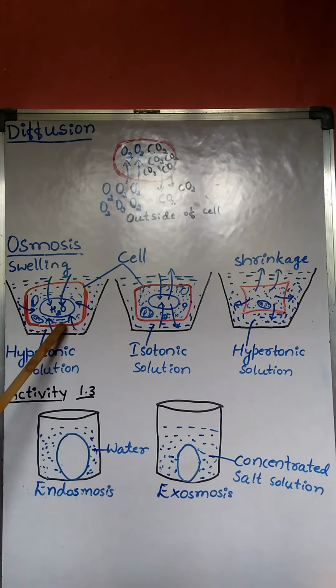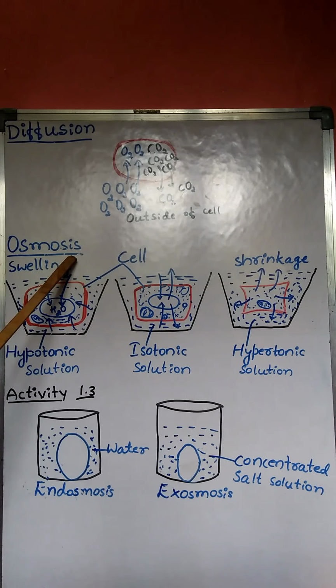A solution in which the number of water molecules is more than the solute molecules is a hypotonic solution. When a plant or animal cell is placed in a hypotonic solution, the concentration of water molecules is more in the hypotonic solution compared to the number of water molecules present inside the cell.